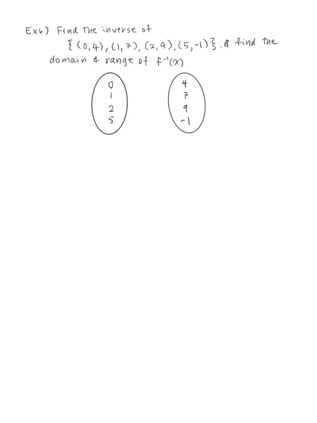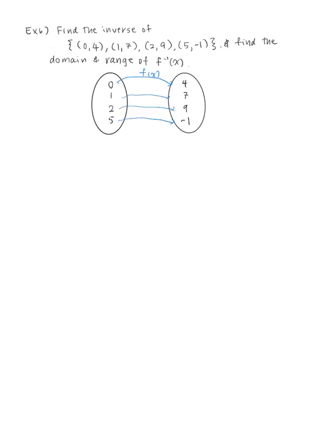Well, first of all, is this a one-to-one function? Yes, it is. Notice that the domain of f of x is 0, 1, 2, 5, and the range of f of x is 4, 7, 9, negative 1.